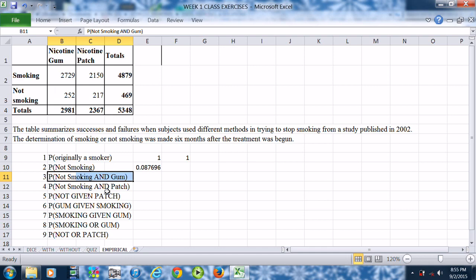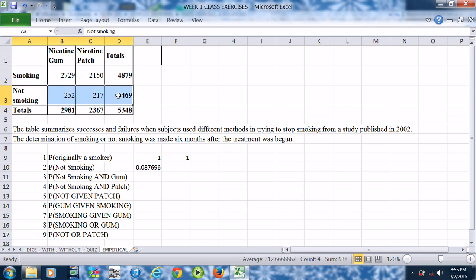How about the probability of not smoking and tried to quit using the gum? Well, this here is an and problem, and when you're working with a table like this, a two-way table, and problems simply involve finding the cell that is at the intersection of the mentioned row and column. So we're looking for someone not smoking, so we're in the not smoking row. Also looking for those who used gum, so we're in the nicotine gum column.